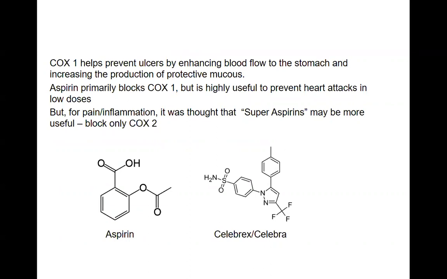Maybe you want a more efficient COX-2 inhibitor that doesn't inhibit COX-1, because COX-2 is the one that promotes the inflammatory response. If you want to reduce inflammation and the nervous system reacting to inflammation, headaches and whatever other pains, you only want to block COX-2.